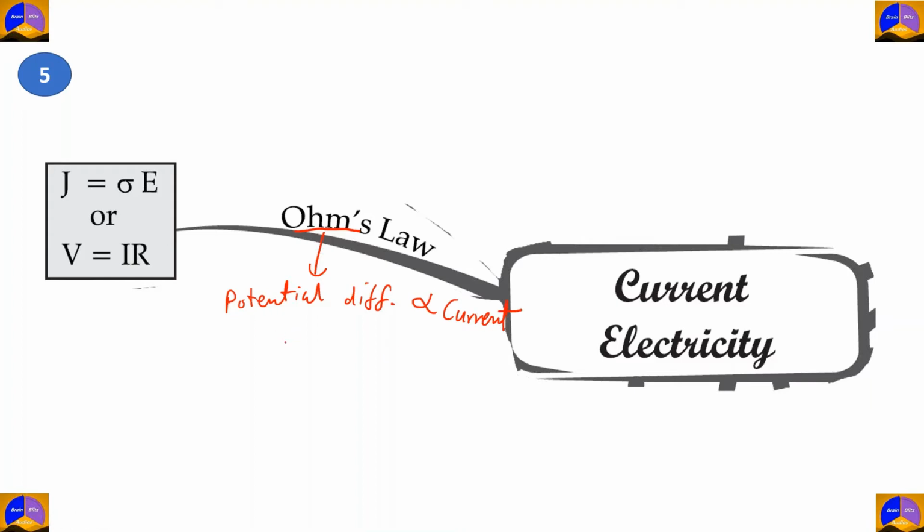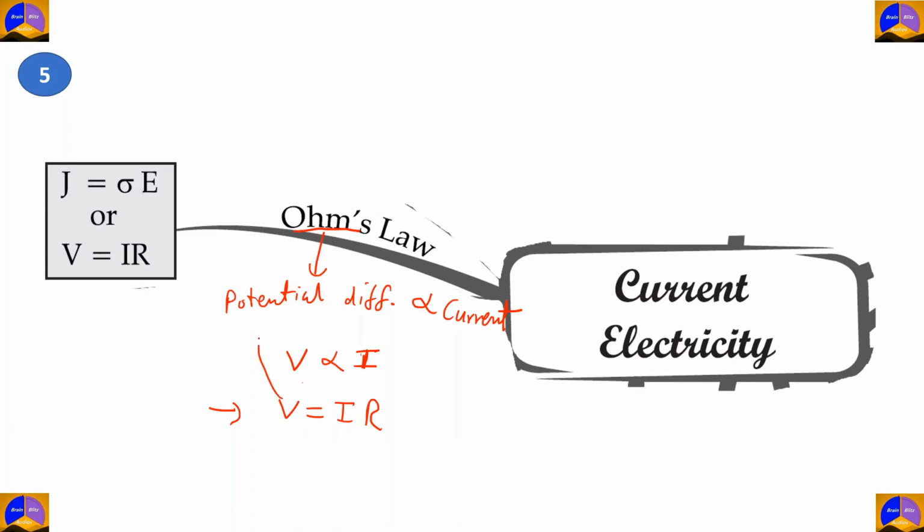When we take V as the potential difference across a conductor and I as the current, we get the relation V is proportional to I. That is, potential difference is directly proportional to current. To make this into an equation, we use a constant of proportionality, which is R. So we get the very famous formula, V is equal to IR.